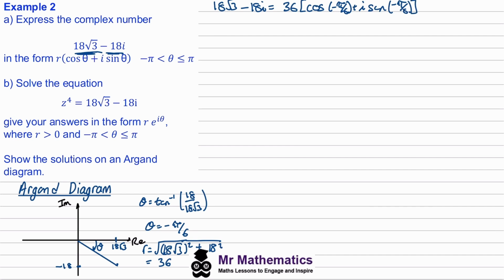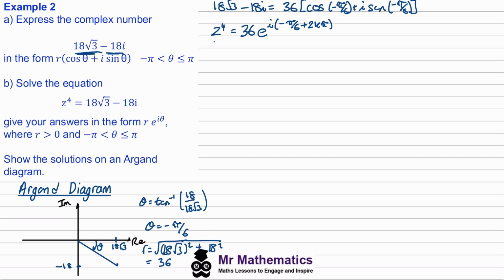And then for part B, to solve this equation in exponential form, well, we know the radius of this is 36. And theta will be negative pi over 6, or negative pi over 6 plus 2 pi, or 4 pi. So we'll say that z to the 4 is equal to the radius multiplied by e to the i, and then the argument is negative pi over 6 plus 2k pi.